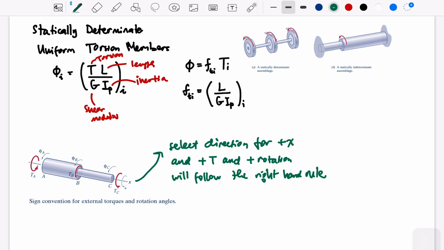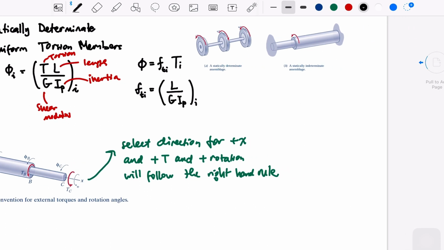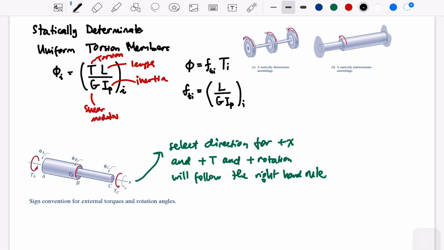Okay, perhaps an example can be looked up for the statically determinate uniform torsion members. I haven't checked all the exams. I think I checked 2 or 3. Seems still okay. Around 50 to 60 score, 60 something and 50 something.